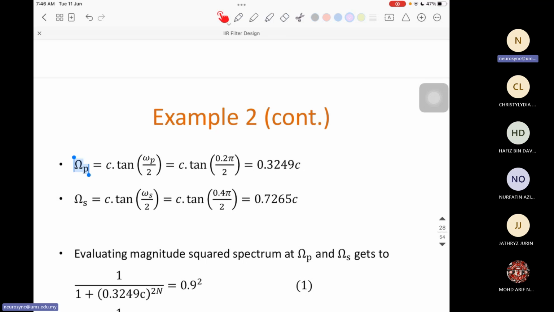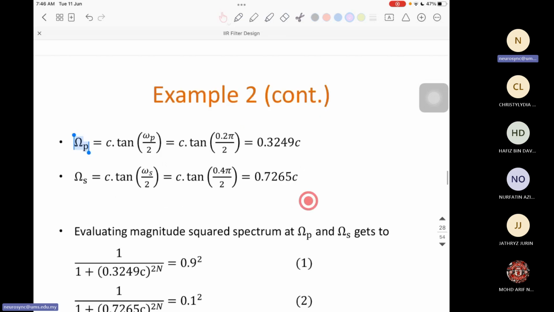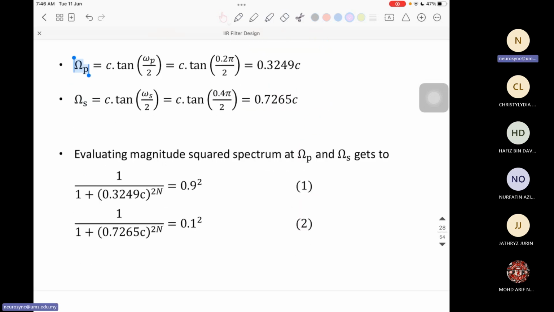Similarly, we can find capital omega s, which is equal to c times tan of omega s by 2. The omega s value given is 0.4 pi. Therefore, if you calculate this, it is 0.7265 c. Now to evaluate the magnitude squared spectrum at omega p and omega s, the magnitude at omega p is 0.9 squared. Why is this 0.9?